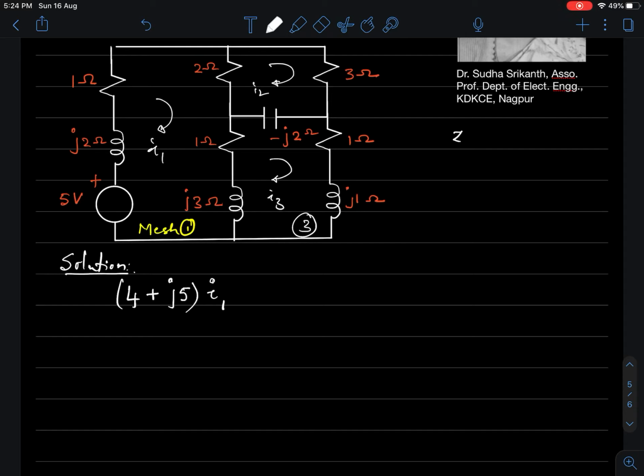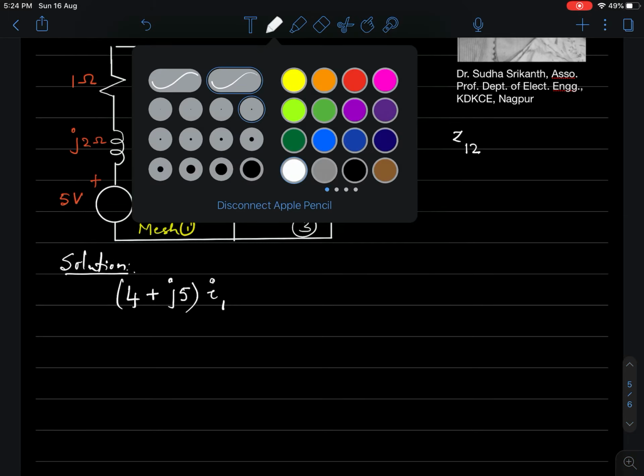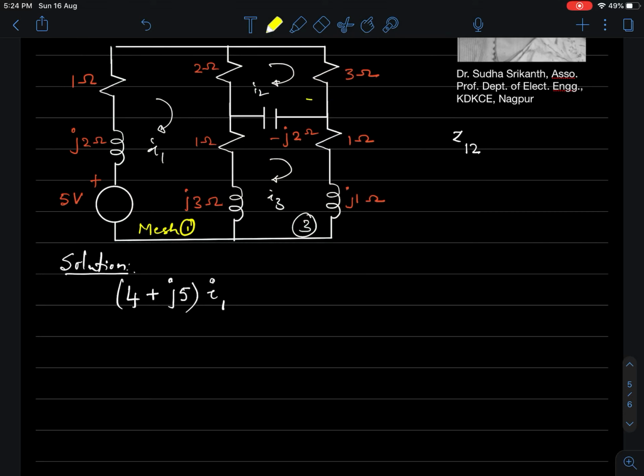Second impedance is represented as the impedance common between the first and the second mesh. So where is our second mesh? We recognize the second mesh as this mesh, where we have I2 current flowing in the clockwise direction. As I told you, a mesh is the smallest closed path in any network. Now we will try to write this Z12.